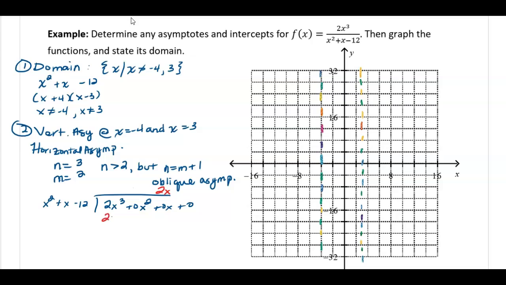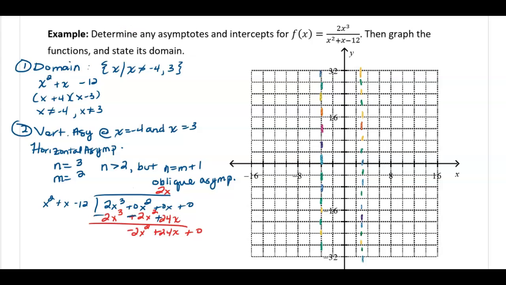And so we get 2x cubed plus 2x squared minus 24x. Switch our signs. Subtract, subtract, add. So now we have negative 2x squared plus 24x plus 0.